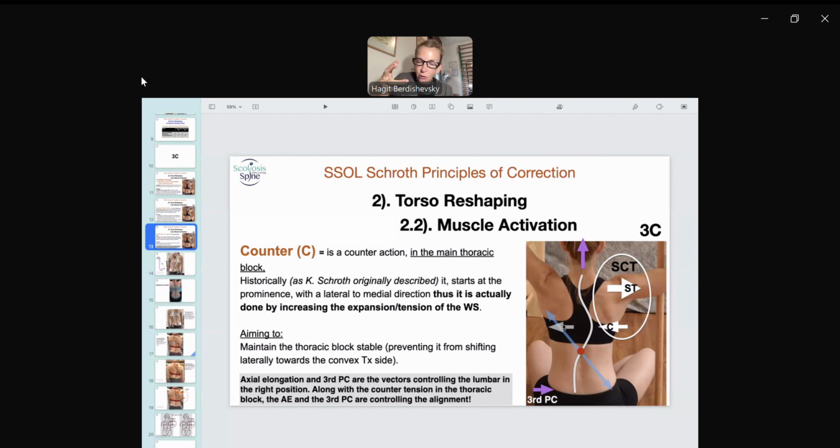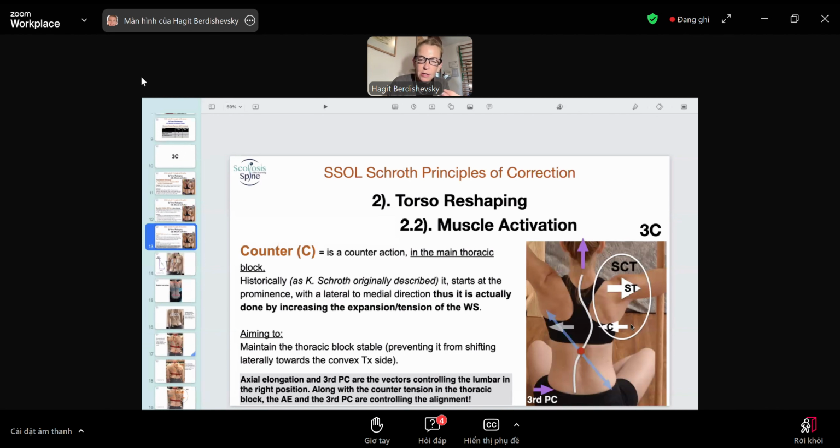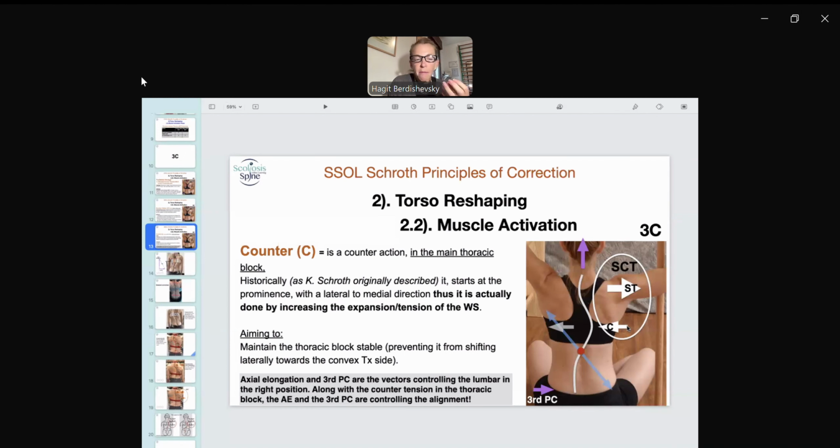It is aiming to maintain the thoracic block stable, and preventing it from shifting laterally towards the convex thoracic side if we do too much shoulder traction.